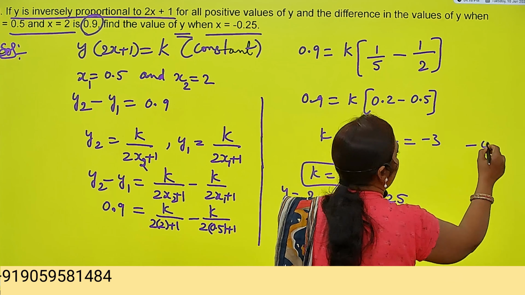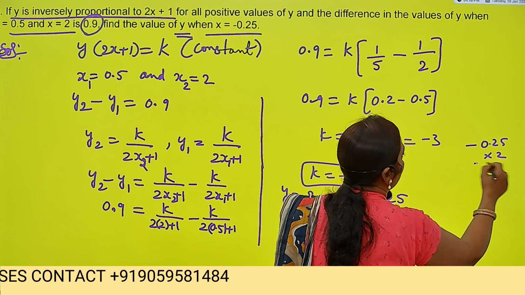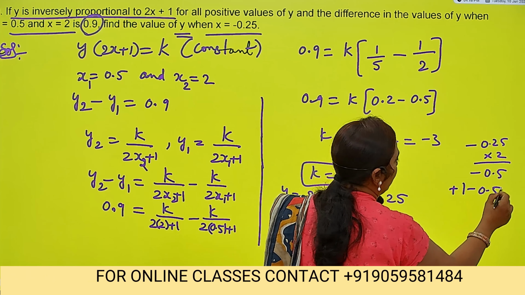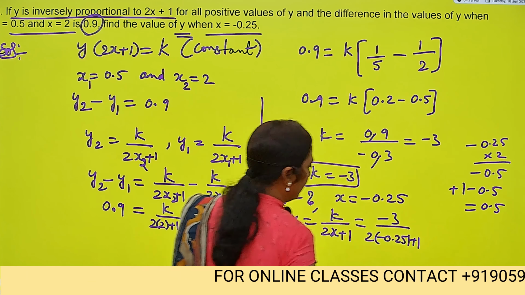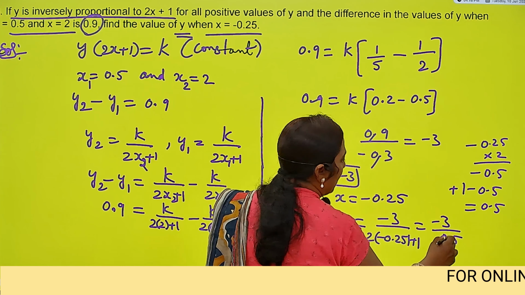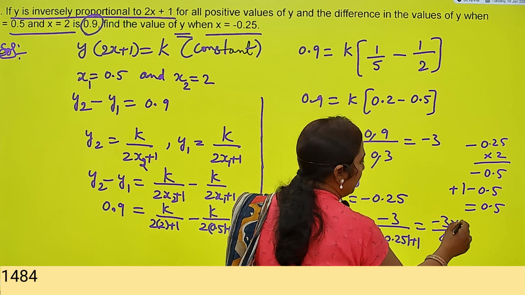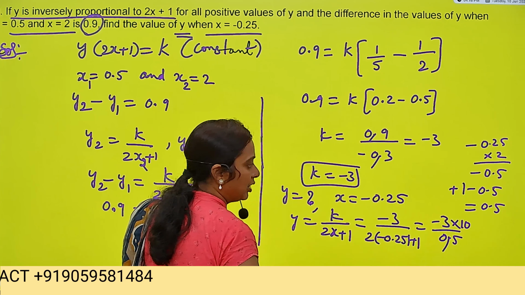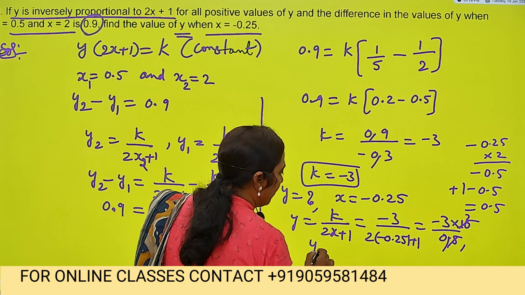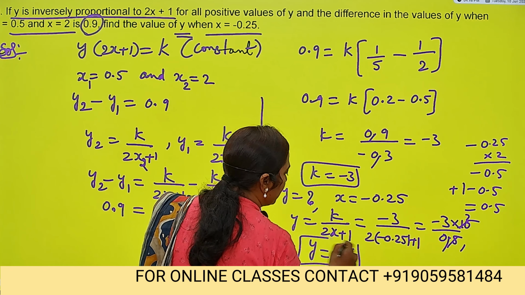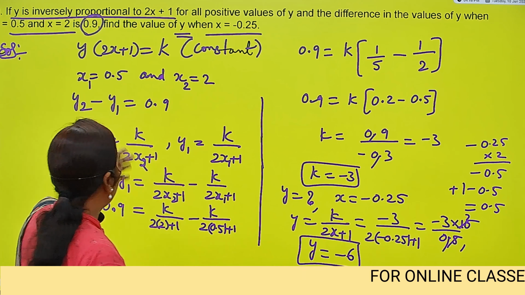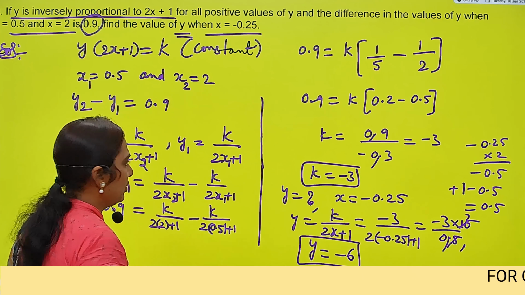Negative 0.25 into 2 is negative 0.5, plus 1, it is equal to 0.5. So it is negative 3 over 0.5. To eliminate the decimal point, multiply the numerator and denominator by 10. 5 ones are 5, 5 twos are 10. What is the y value? Negative 6 is the y value. Okay. First you take k any way, or difference also you can take it.